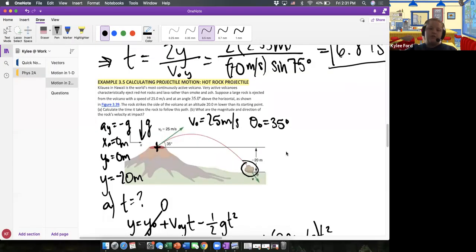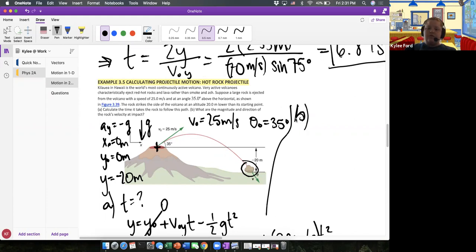Let's look at part B now. Part B asks, what are the magnitude and the direction of the rock's velocity at impact?